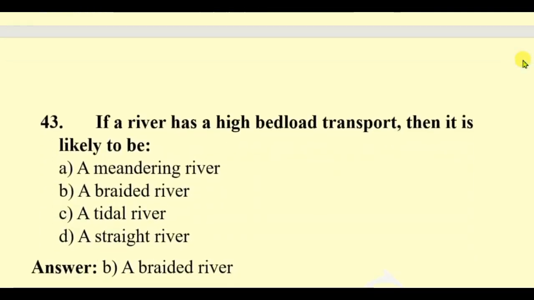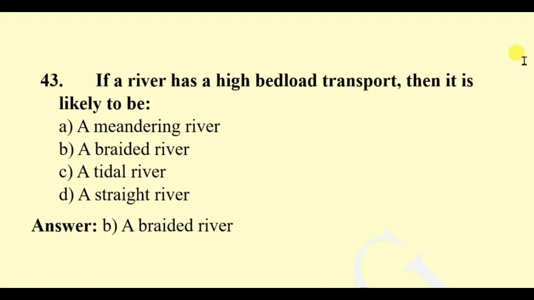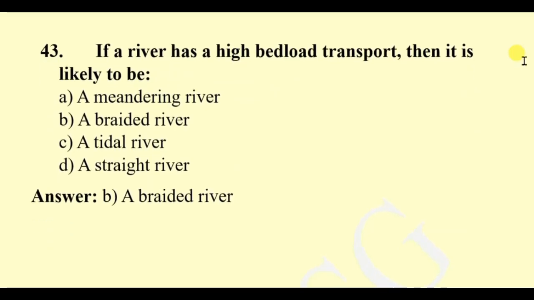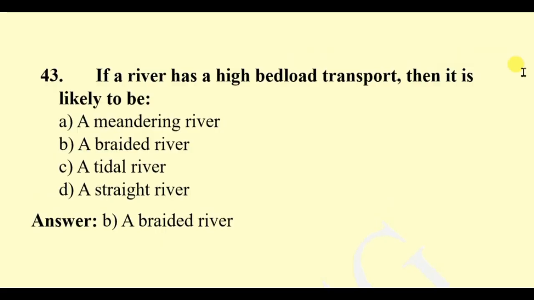Question 43. If a river has a high bedload transport, then it is likely to be a meandering river, braided river, tidal river, straight river. Here the right answer will be straight river. Braided river is wrong here. If the bedload is transported with high energy, why would the river be braided?